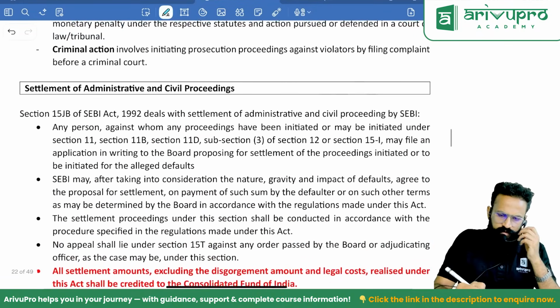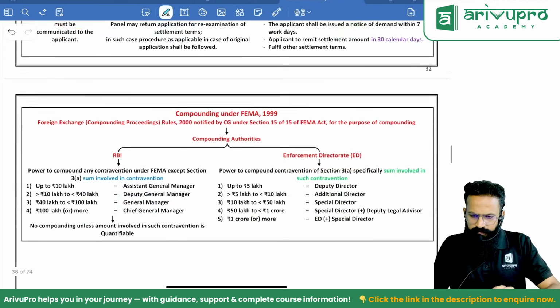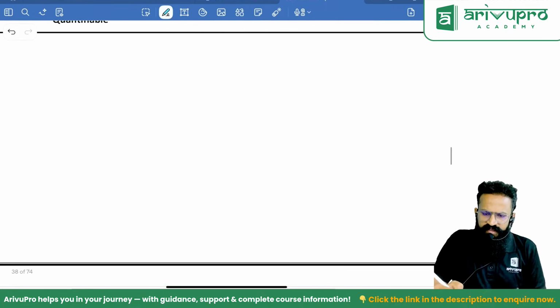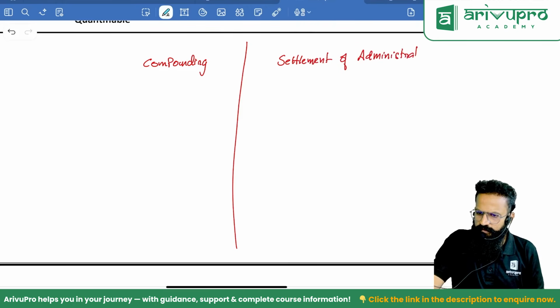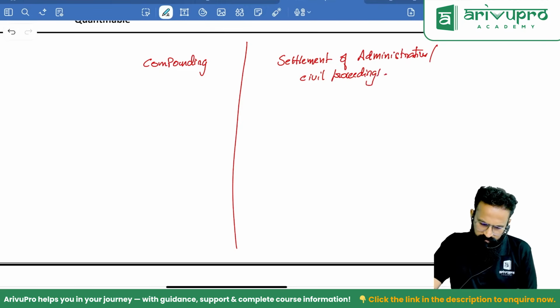Now, write down one chart. I don't think I've given it here. This is only for our understanding. They have given something called compounding. They have also given something called settlement of administrative and civil proceedings, or civil proceedings.